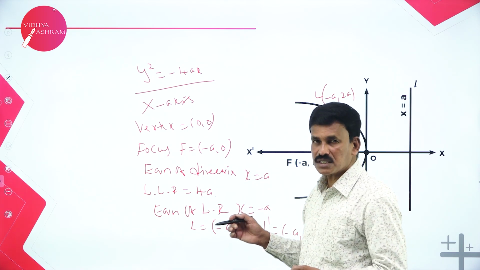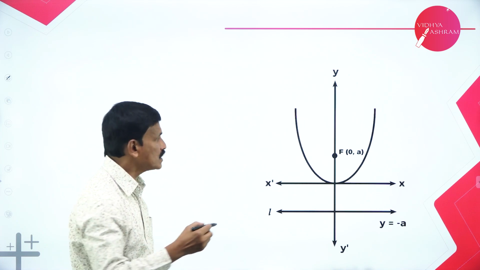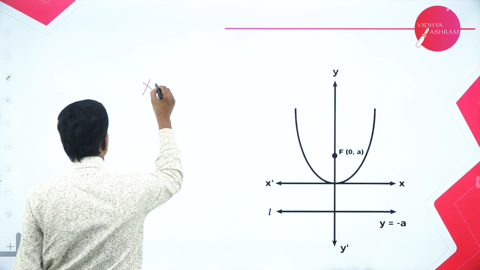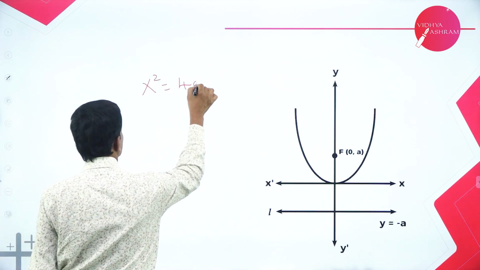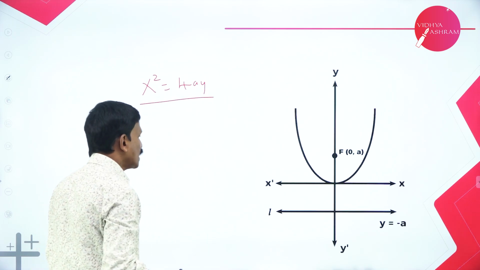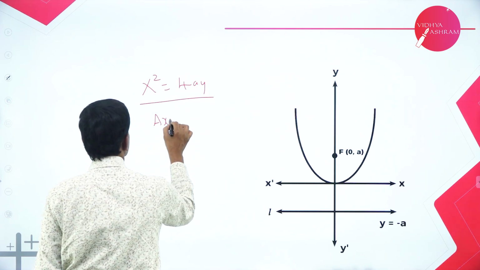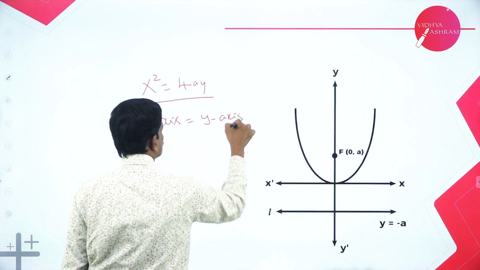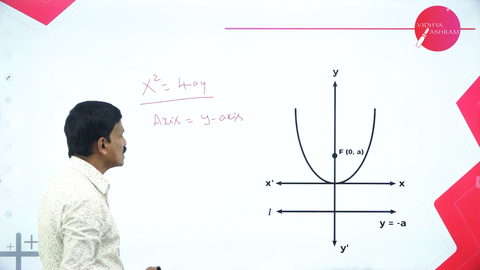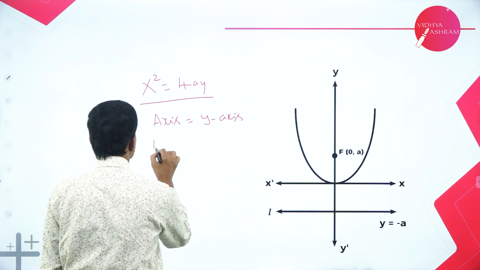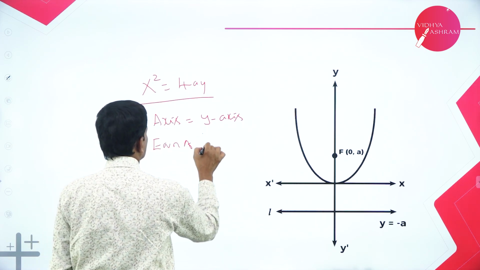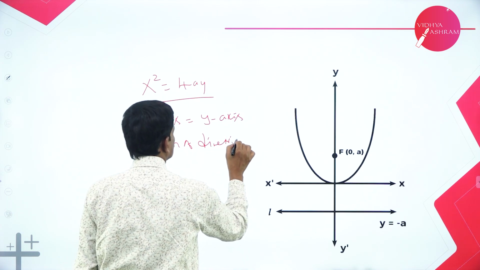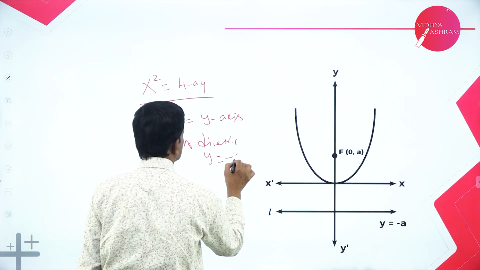Now let us move on to the third case. If the axes are interchanged, then the equation of the parabola is x square is equal to 4ay. Here the axis of the parabola is the y-axis, and the equation of the directrix is y is equal to minus a.